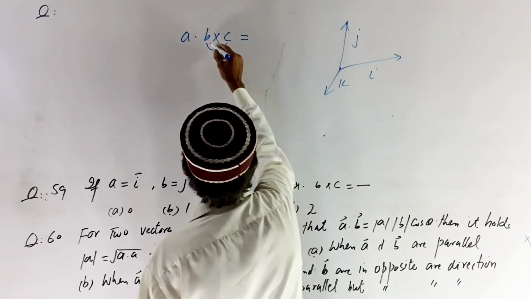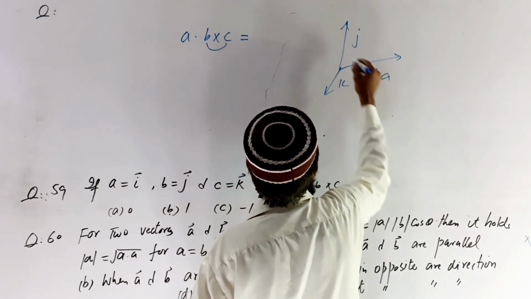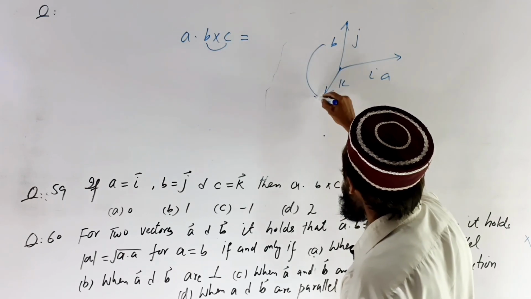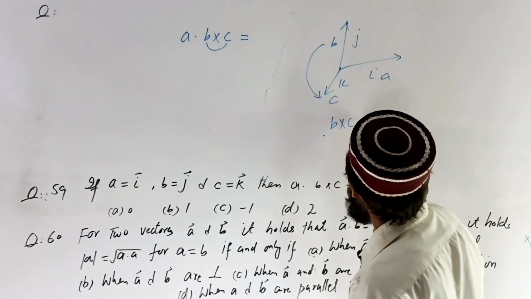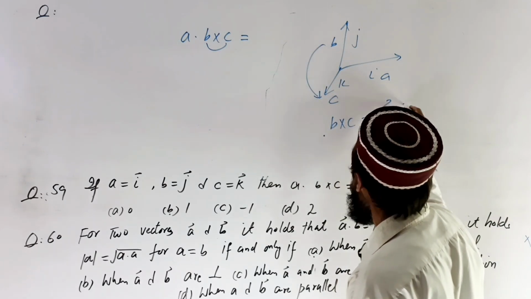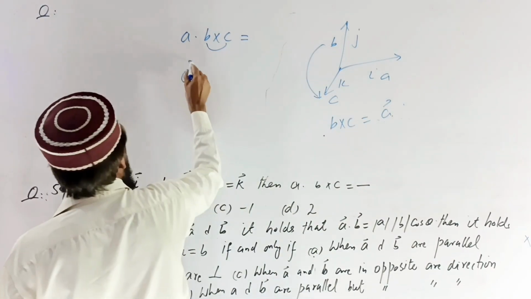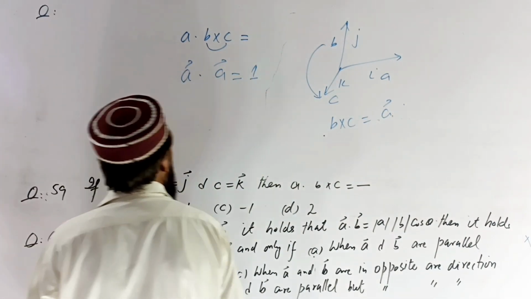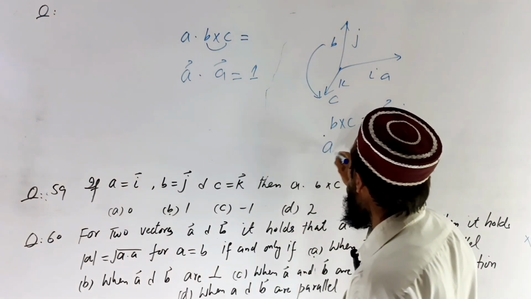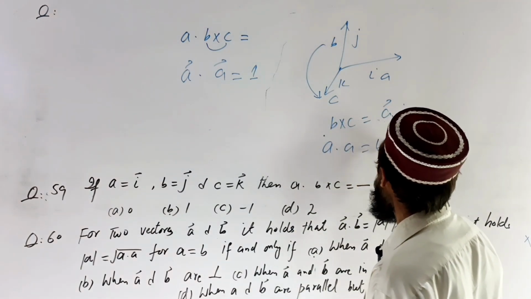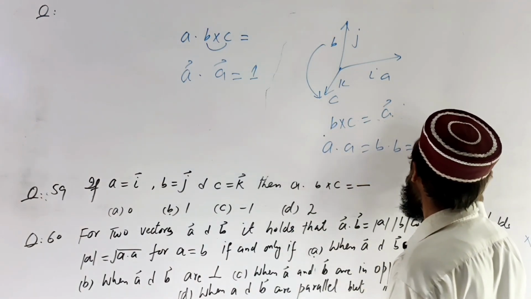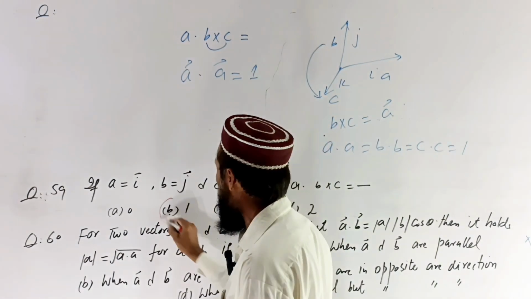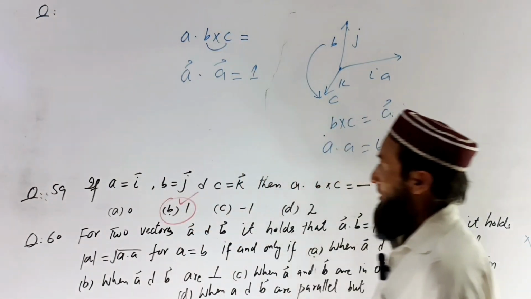Here B cross C is given, so we will get the answer here as A. And here A dot A we can write. So the result will be in the dot product A dot A is equal to B dot B and C dot C is equal to 1. Here the correct answer is C. B is the correct option.